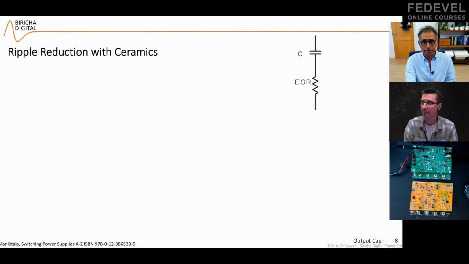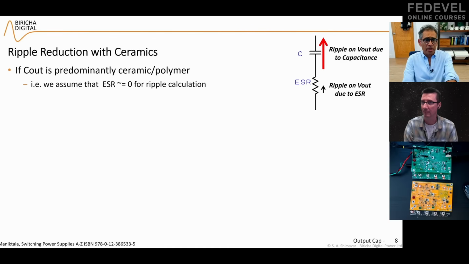for if you are using electrolytics. Okay, so if Cout is predominantly ceramic, or polymer capacitors are also becoming very popular, then the ESR of the capacitor is very, very low. ESR stands for equivalent series resistance, and our capacitor, the textbook capacitor, has 0 equivalent series resistance, but this is a parasitic that exists.